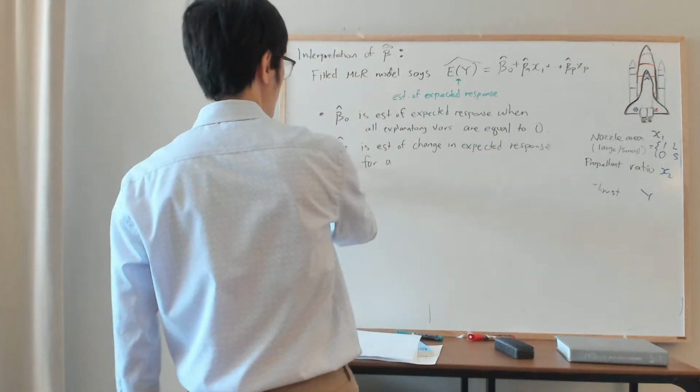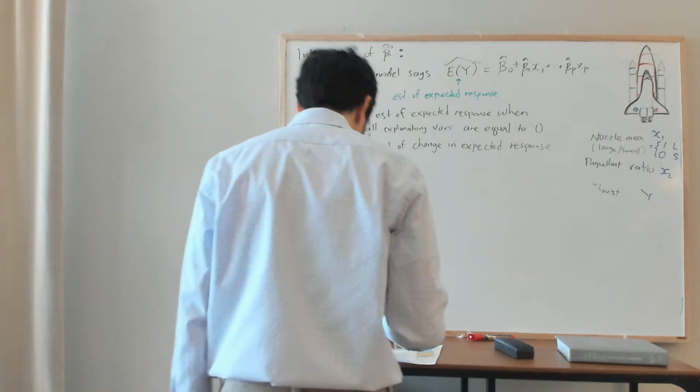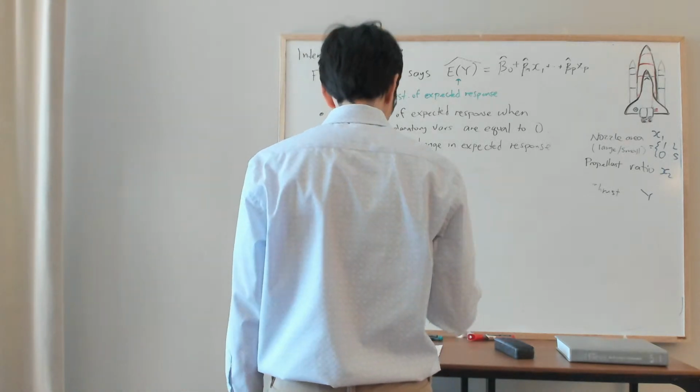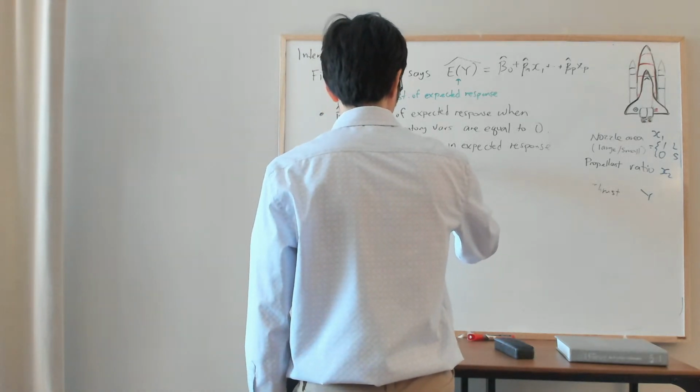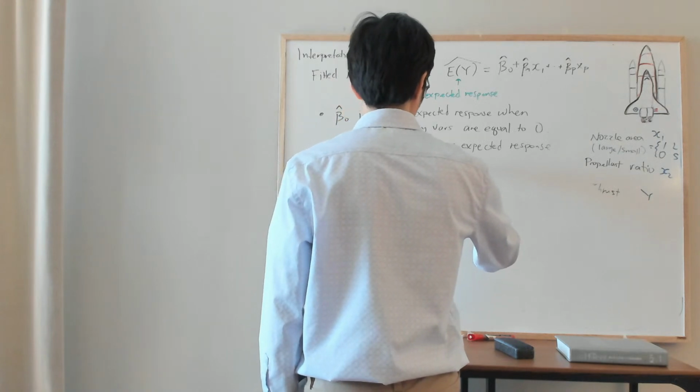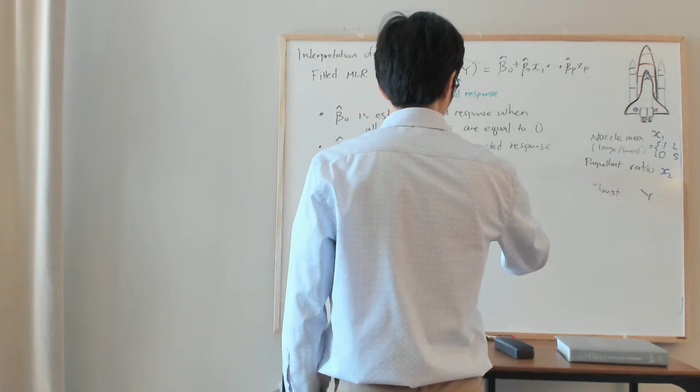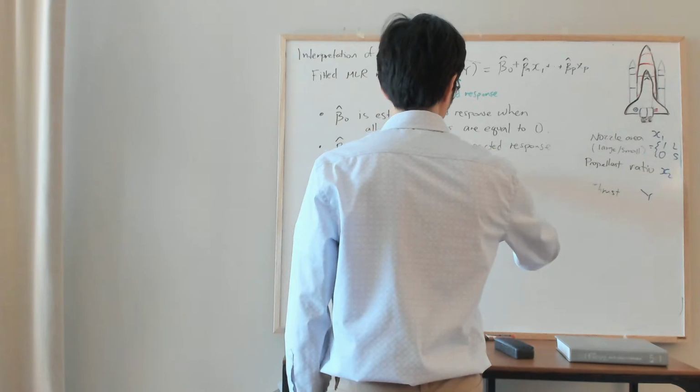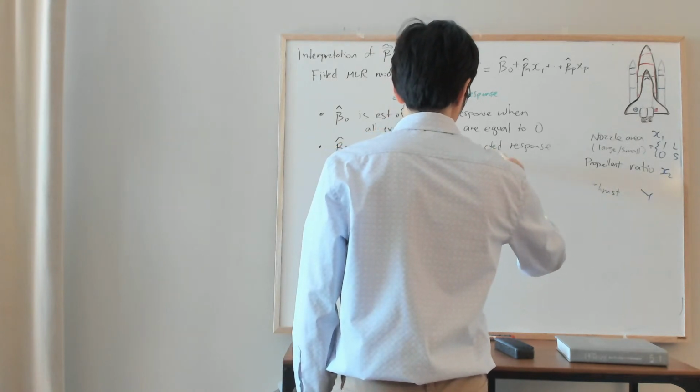So beta j hat is the corresponding change for a unit increase in the value of xj.